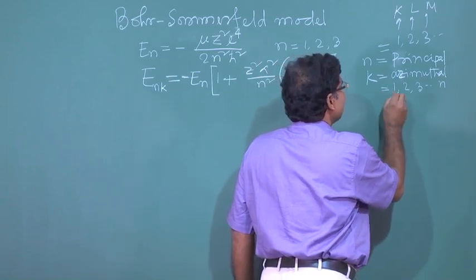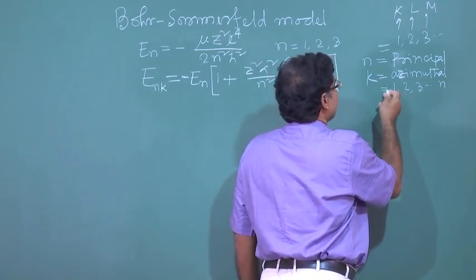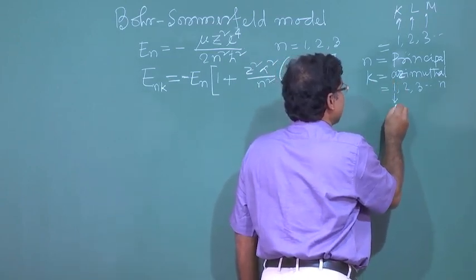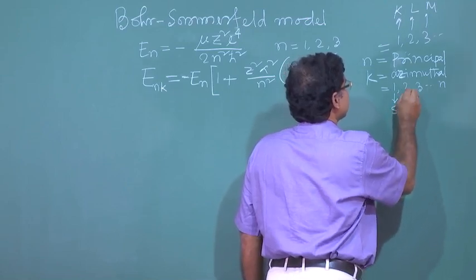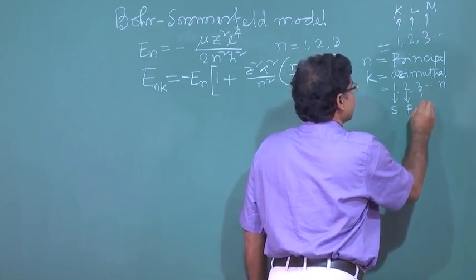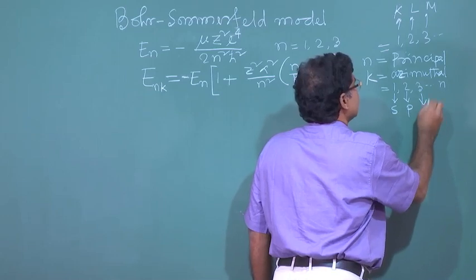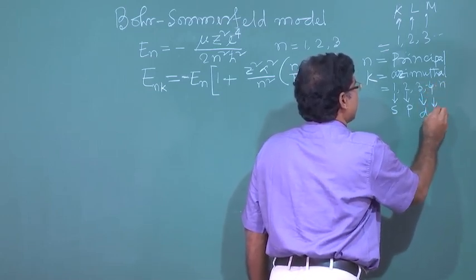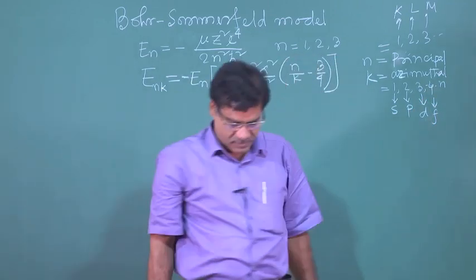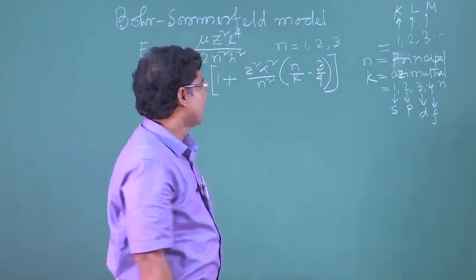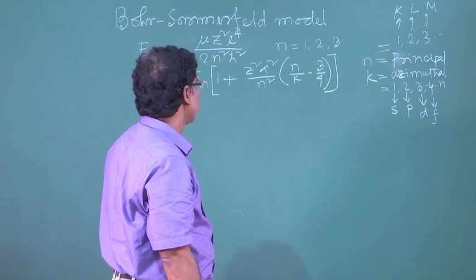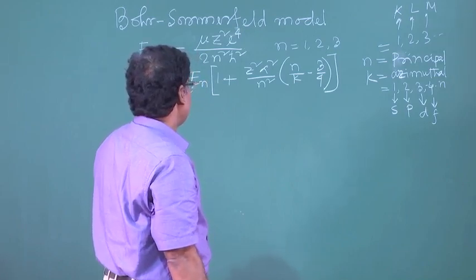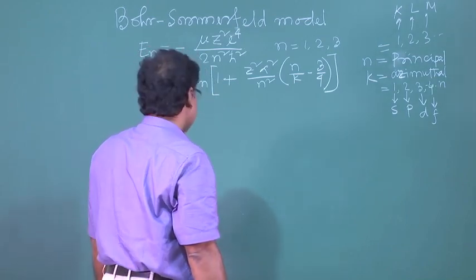The names given for k equal to 1 is s orbital, then p orbital, d orbital, and 4 is basically f. So these are the names we use for orbits and orbitals.